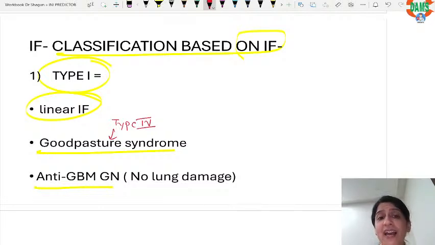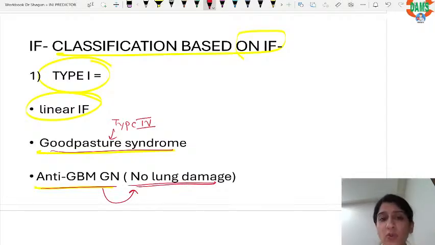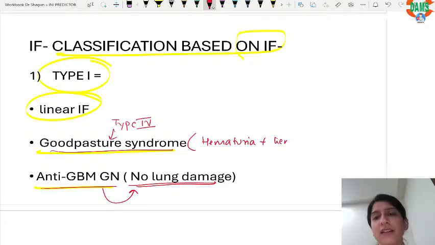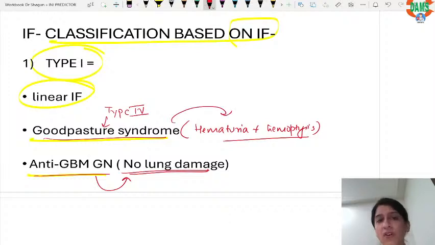Yes, but I have kept Goodpasture and anti-GBM glomerulonephritis separate, because in anti-GBM glomerulonephritis you will have no lung damage, and in fact the classical history of Goodpasture is a patient with hematuria and hemoptysis. If a question on Goodpasture has to come, this is the classical history, because in Goodpasture you see lung damage as well.